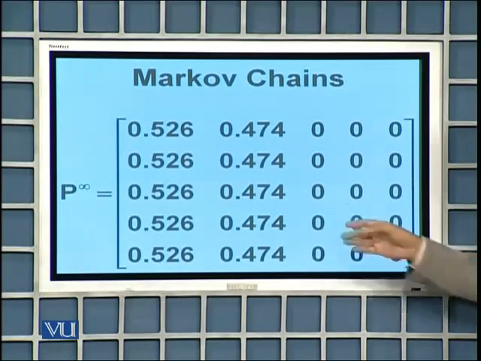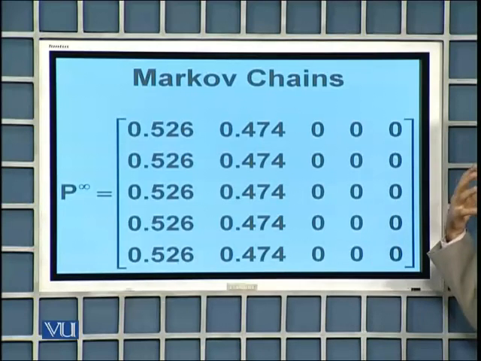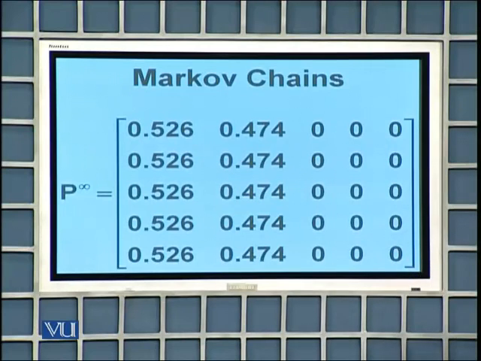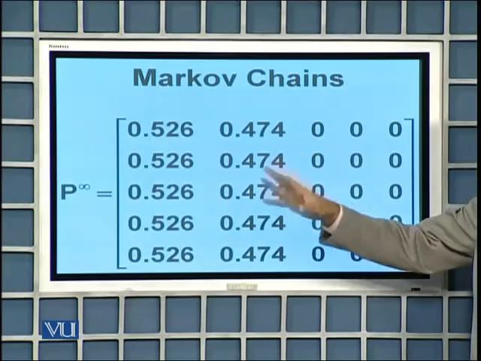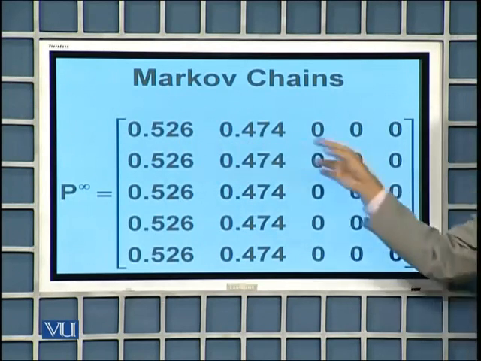These columns represent the 3 transient states, and the 2 leftmost columns are non-zero entries, and they represent the stationary probability distribution that can be associated with the 2 recurrent states. So if we start with any starting probability distribution, say 1, 0, 0, 0, 0, and multiply that with this matrix, you will get a long-term stationary probability distribution, which is shown here.